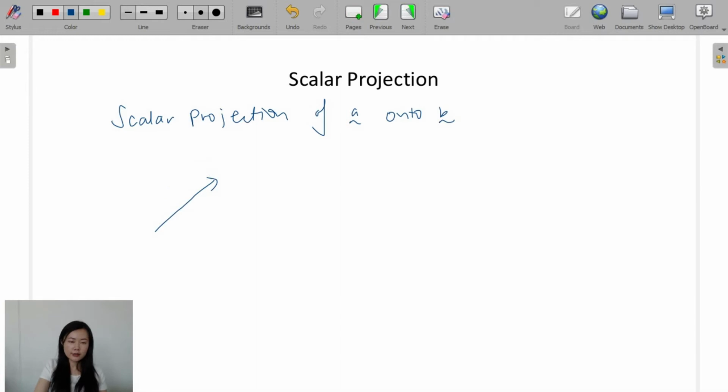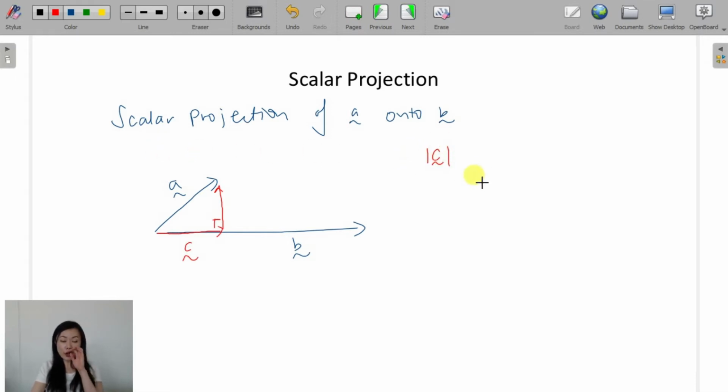Imagine I have vector A and I have vector B. What I want to do is project A onto B. So what I really want to do here is break this up into vectors that will add back to your vector A. This is the actual projection of A onto B, projected onto the direction of B. Let's call that C. A scalar projection is basically the magnitude of that particular vector.